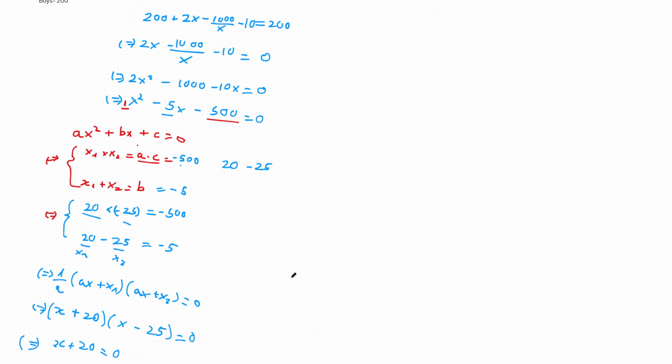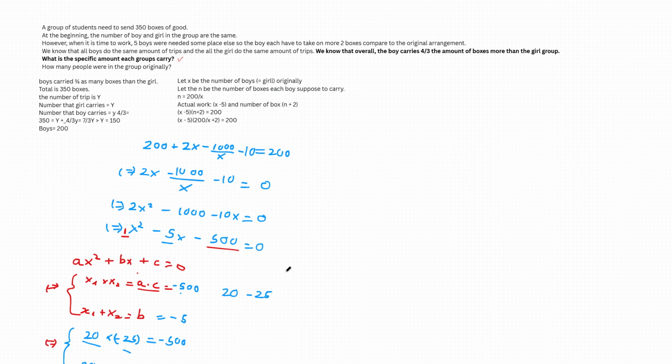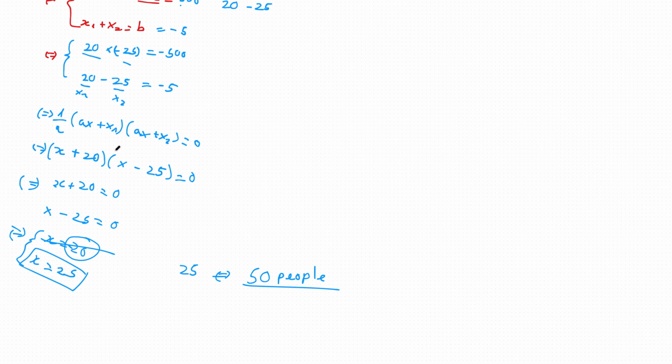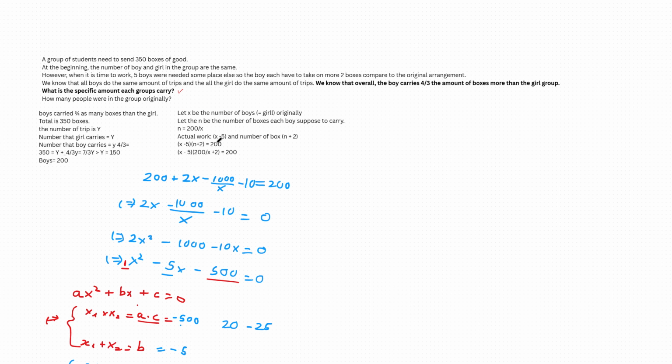I hope this helped, and I hope you enjoy the math as much as I do. Let's plug it back in to check. So 25 people. Put it back in here: 25 minus 5 times (200 divided by 25 plus 2).